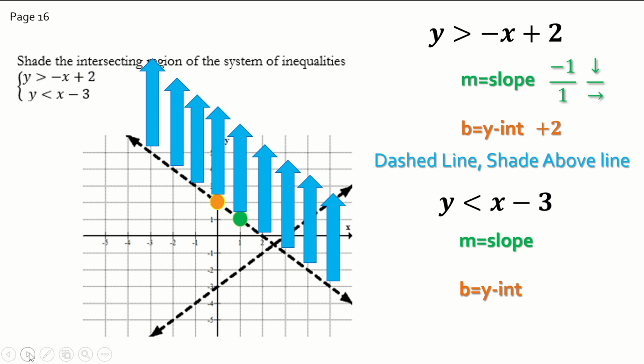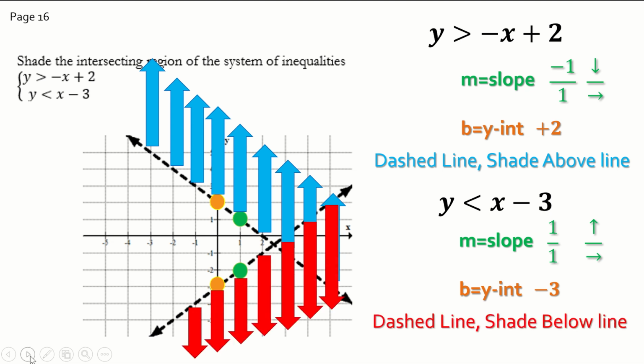Once again, we start with the y-intercept, which in this case is minus 3. We go slope, which is an understood positive 1, which tells us to go up 1, right 1. The inequality sign this time says all y values less than the line, or less than x minus 3. So we should be shading below the dashed line.